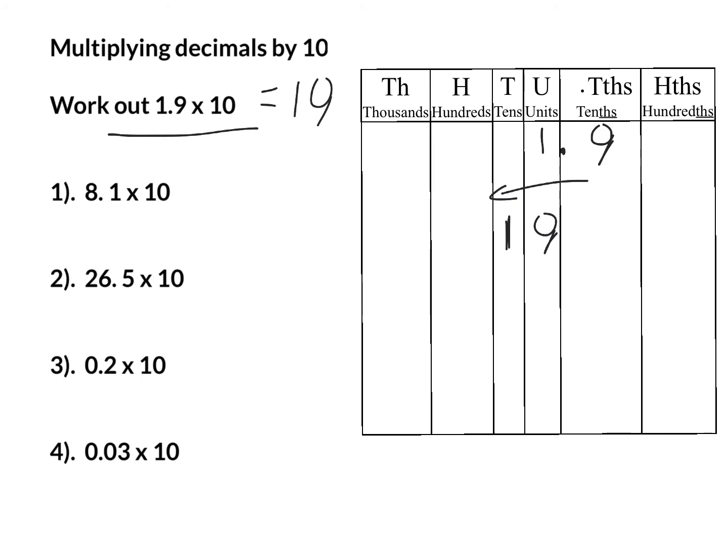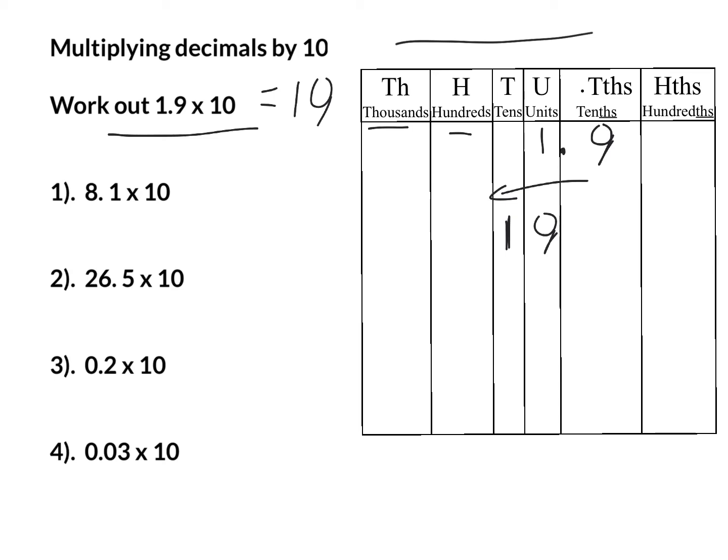Now, it may be useful to you to write something like this out, like this grid here, the place value grid. You don't need to write the words like thousands, hundreds. Just use the short headings, the top TH for thousands, H for hundreds, and so on, okay? Now, I'm just going to model the completion of the rest of these questions. So 8.1 times 10.